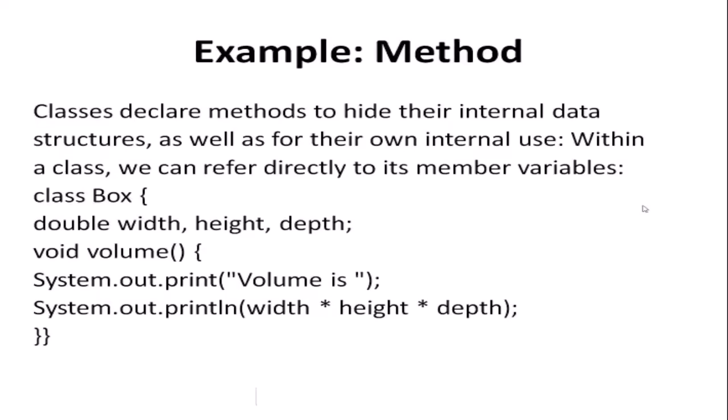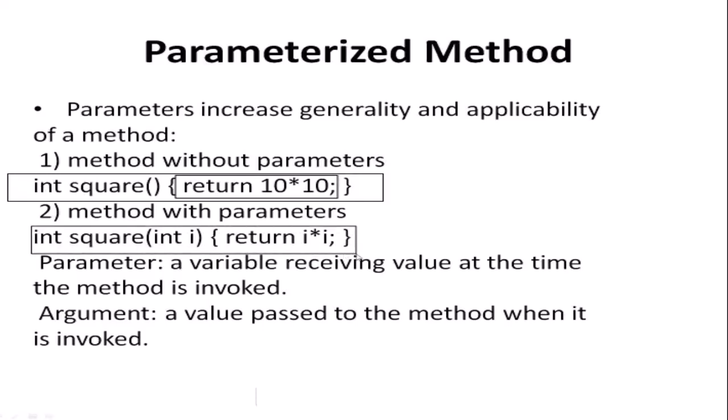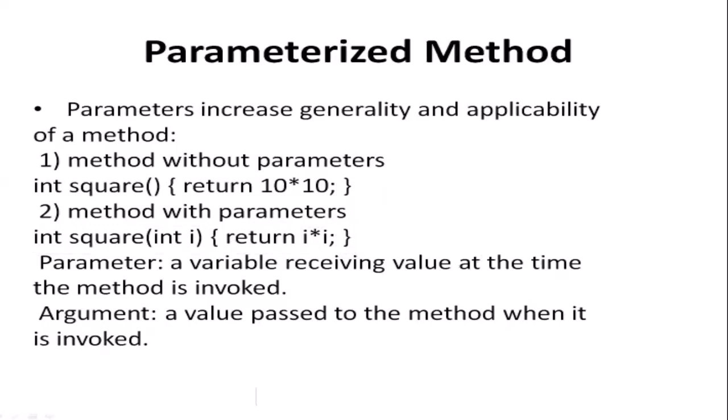Here, if it is a square, you need a return type whenever you mention int. I already told you, whenever you mention an integer, you need to use the syntax return 10 into 10. If you use void, there is no return type, so the method will simply be executed. If you use int square, you need to return. If you use void, no need to return any particular value.